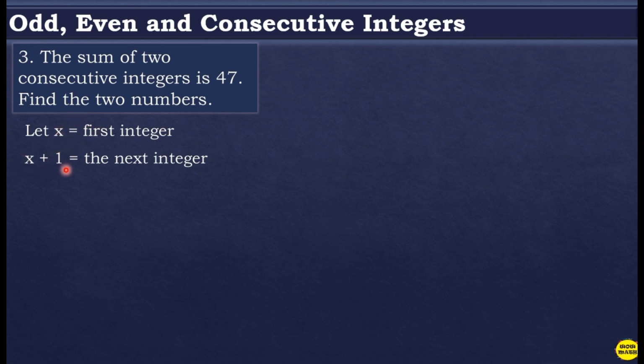For example, if your first number is 3, the next consecutive number is 4. In order to get 4, you add 1 to 3. For another example, if your first number is 10, the next consecutive number would be 11. How did you get 11? Just add 1 to the first number. That is why the second number would be x plus 1.